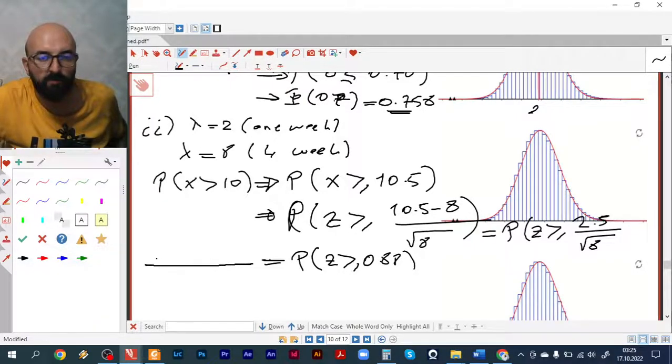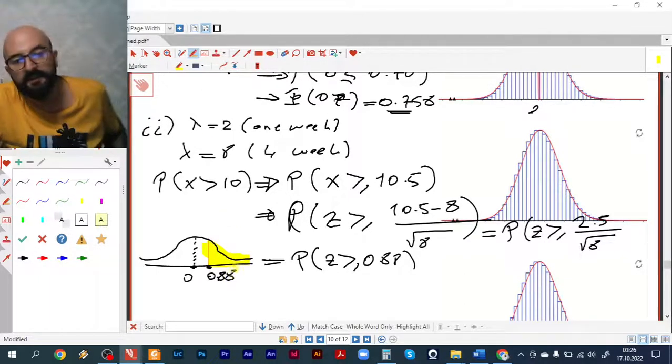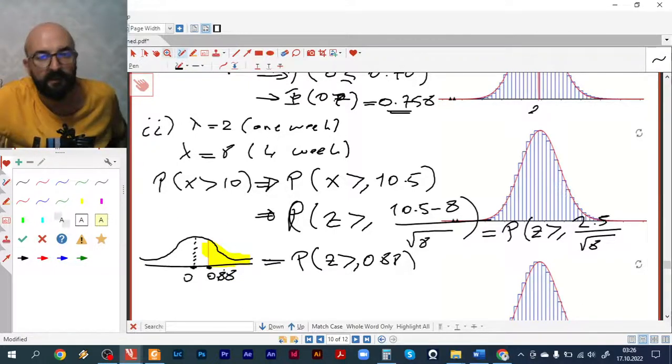The probability of z greater than or equal to 0.88. I want to draw a curve, where 0 is here, and figure out greater than or equal to 0.88. This area is a small area, but I know the sum of all probabilities equals 1.